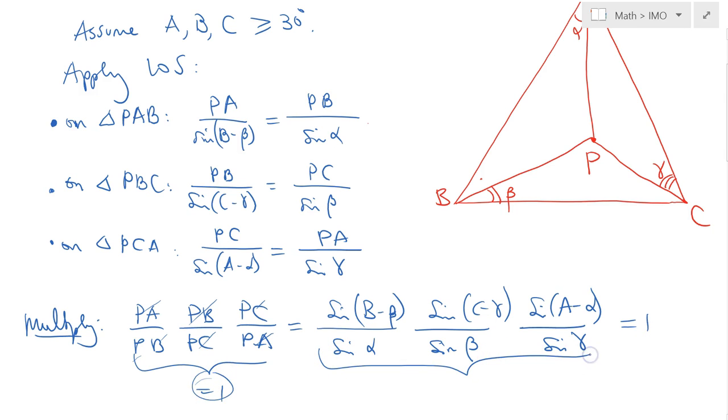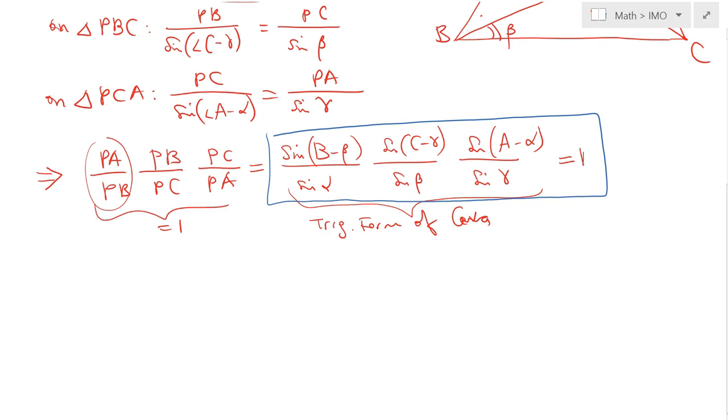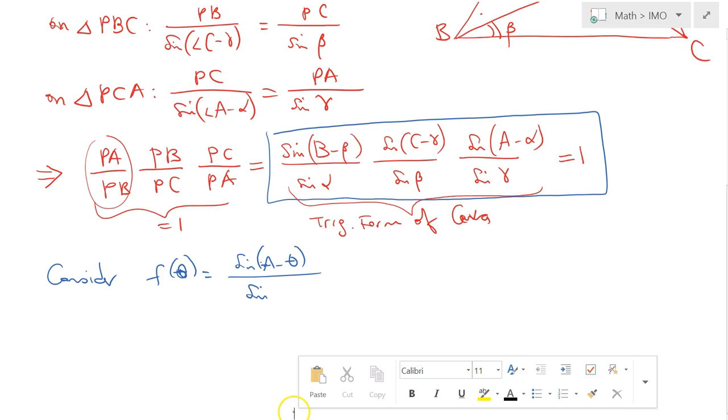And in fact, this is nothing but the trigonometric form of Ceva's theorem. So in fact, we have proven the trigonometric form of Ceva, right? Consider the following functions. We can split the left-hand side as follows. Consider f of theta, which is equal to sine of angle A minus theta over sine theta.